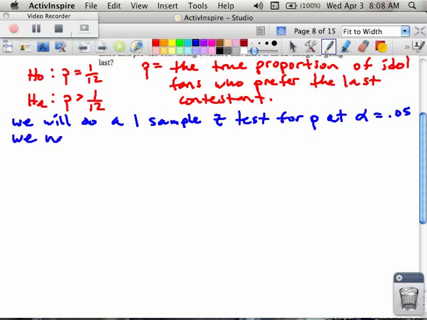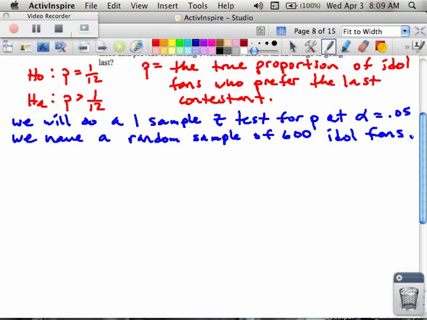We have a random sample of 600 idol fans.